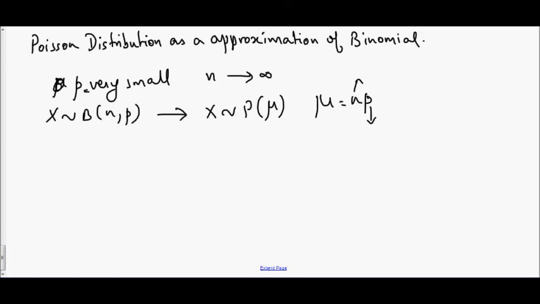In such cases, you can think about going for Poisson distribution. Usually, when p is less than 0.05 and n is greater than 20, not exactly but something like that, you can change binomial to Poisson distribution.